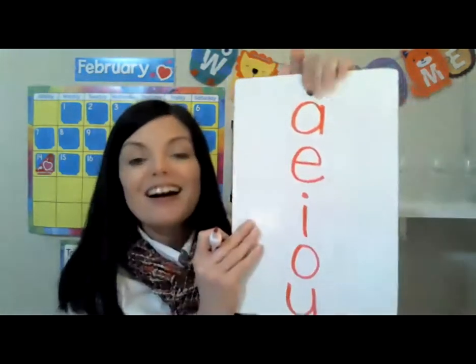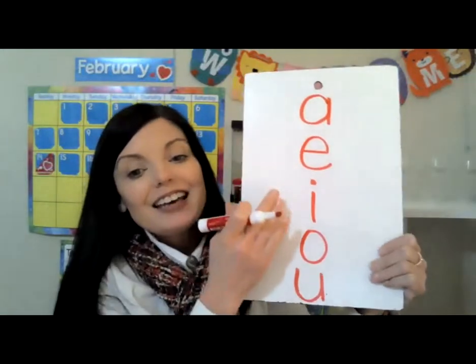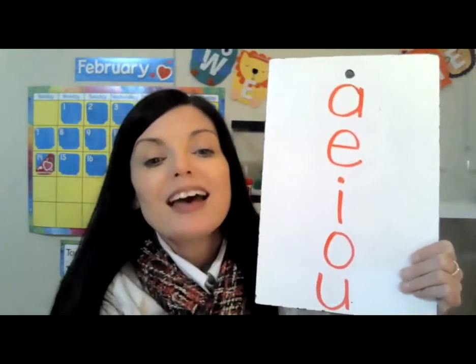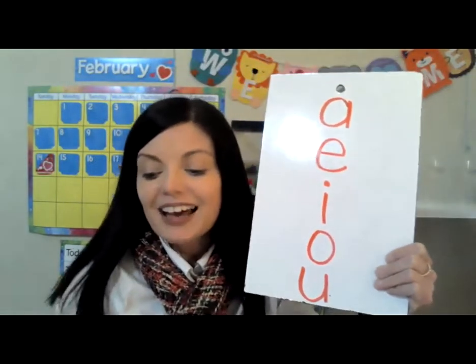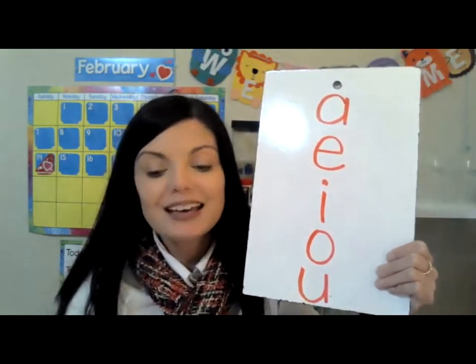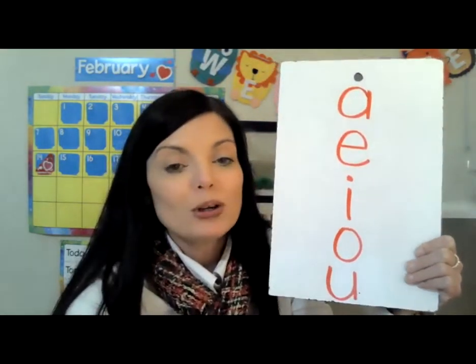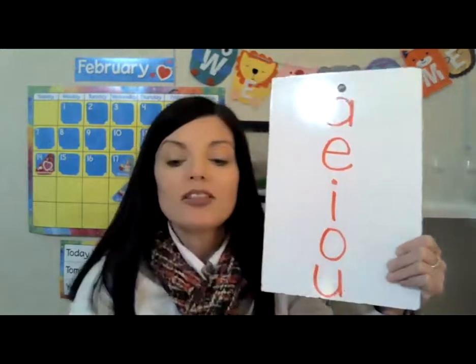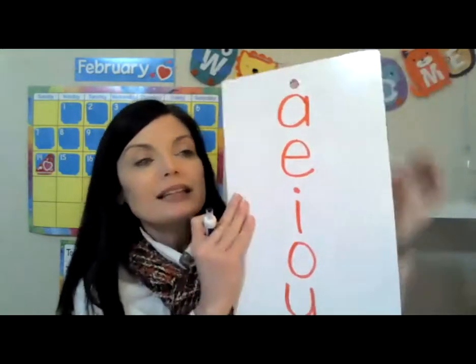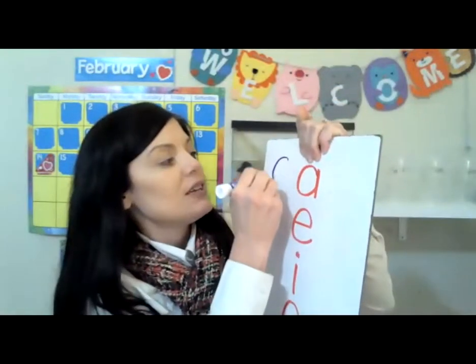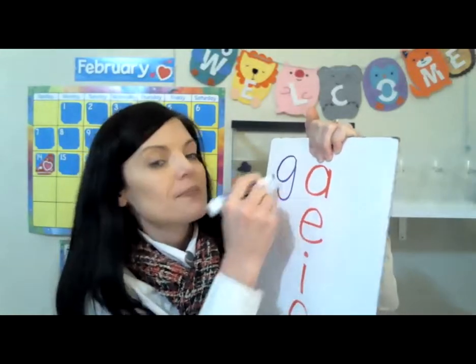The vowels are A, E, I, O, U. These are the vowels. Well, let's put a letter G with each of these vowels, okay?